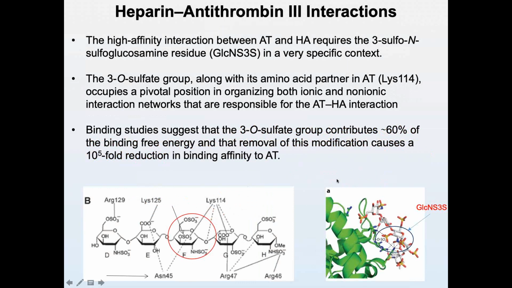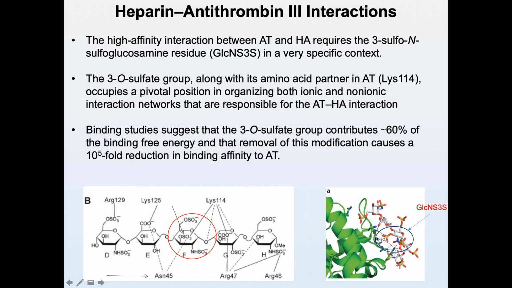Now let's take a specific example with the heparin and antithrombin interactions. Here you have a heparin, which is a very long saccharide. However, only the pentasaccharide, only 5 of the monosaccharides, binds to the antithrombin. It's very important.